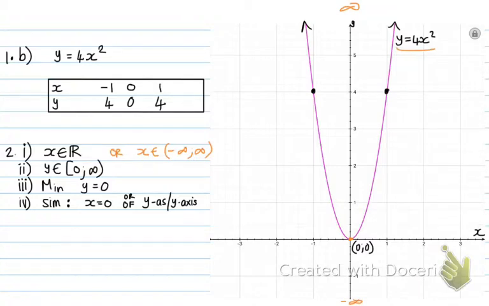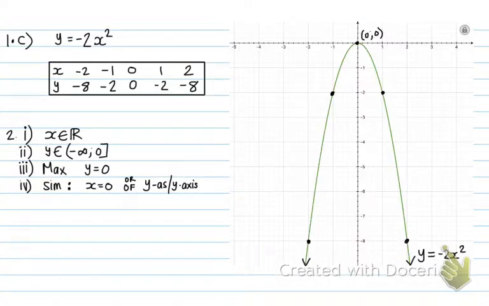Okay, next, number c, y is equal to negative 2x squared. So I get all my y values by substituting in brackets in the place of x, and I plot them at negative 2, negative 8; negative 1, negative 2; 0, 0; 1, negative 2; and 2, negative 8.